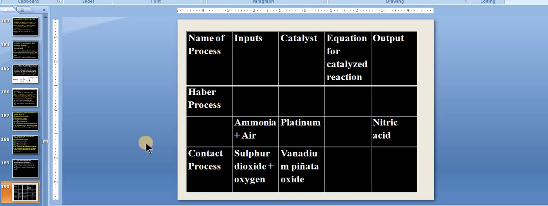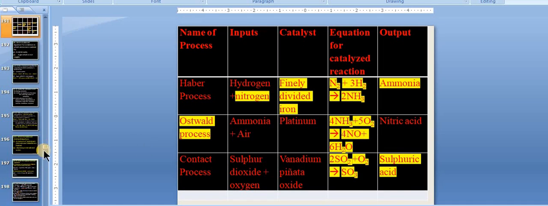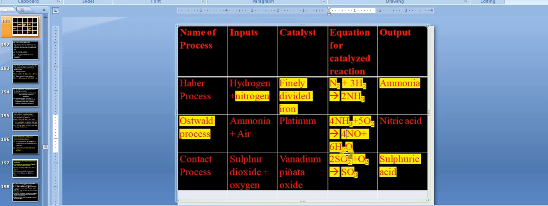Okay, a few more questions are coming from this part. These are the answers. You can see 4-5-4-6 that I was talking of: 4 ammonia, 5 oxygen, 4 NO, 6 water. Now sometimes they may ask why a high ratio of air is used. What is the mole ratio of ammonia and oxygen?